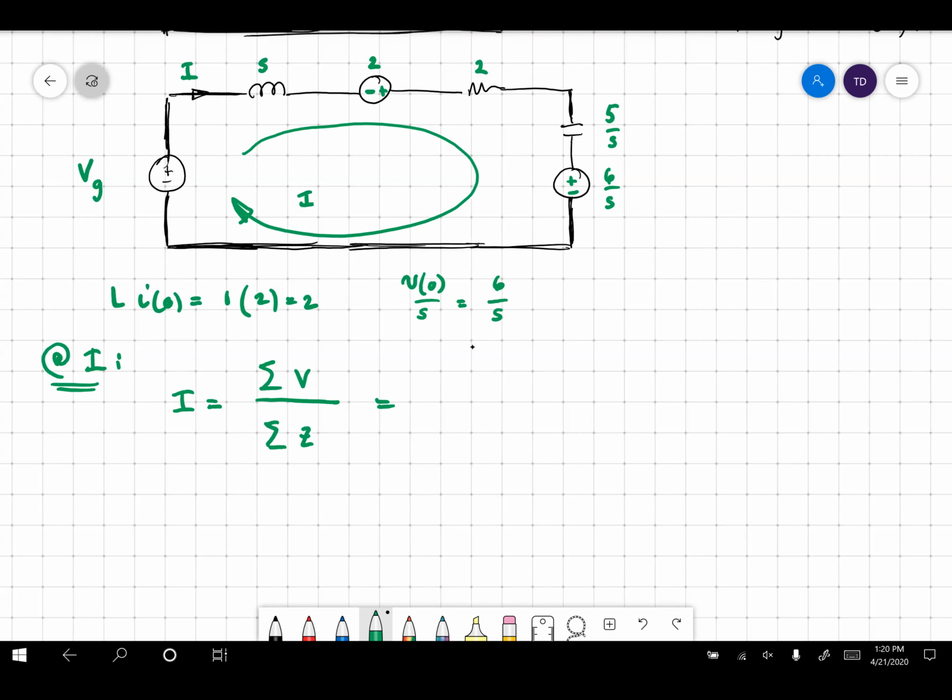So let's see what that is. I goes in this direction, so we want the voltages that are minus to plus to be positive, and the ones that are plus to minus to be negative. So in the numerator, I have VG plus 2 minus 6 over S. And for my impedances, I have S plus 2 plus 5 over S. I'm going to start to clean up.